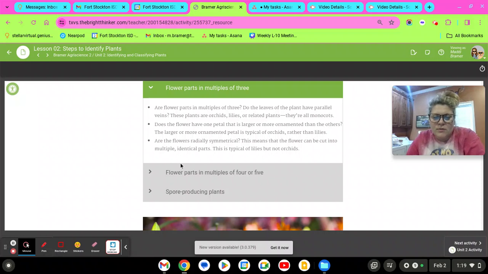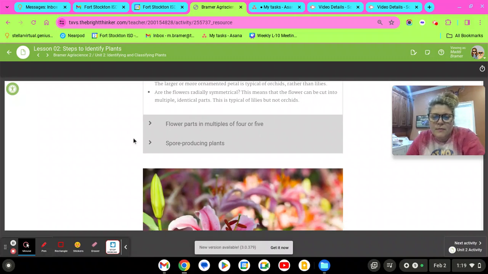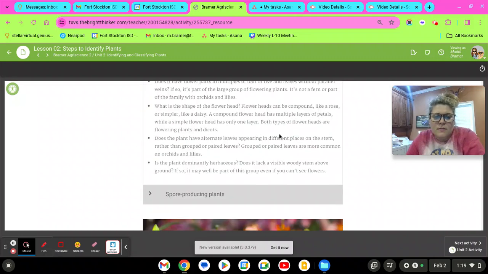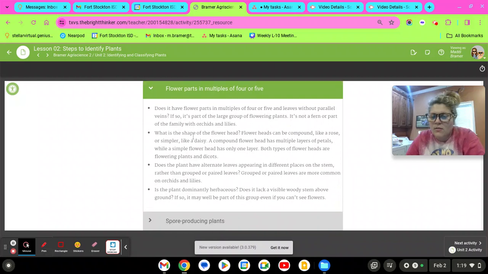Are the flowers radially symmetrical? So can you cut them into multiple identical parts? So are they parts of 4 or 5s? Does it have parts of 4 or 5s without parallel veins? Parallel veins, if you look in the leaf, parallel means 2 lines that are never going to touch.